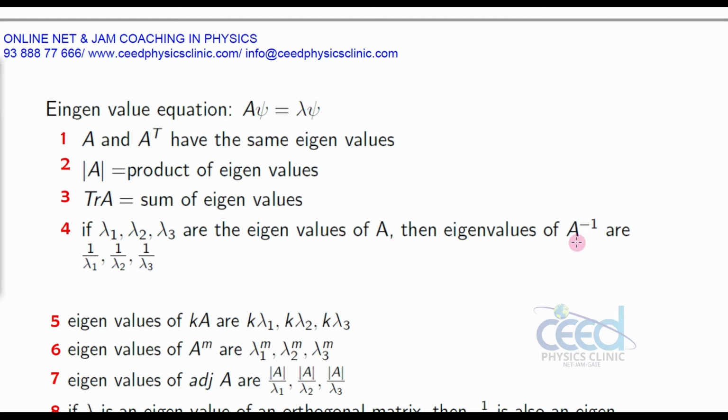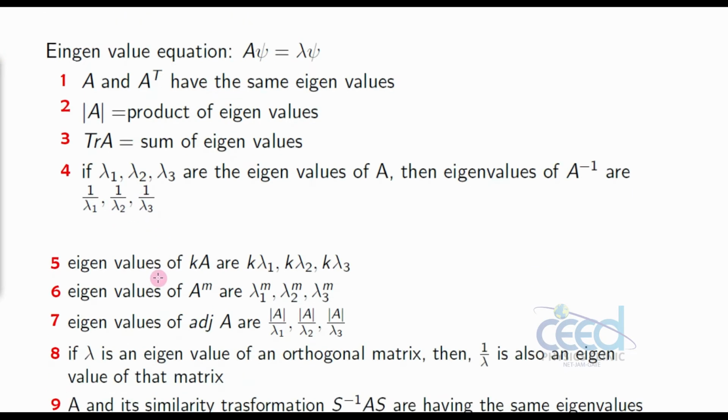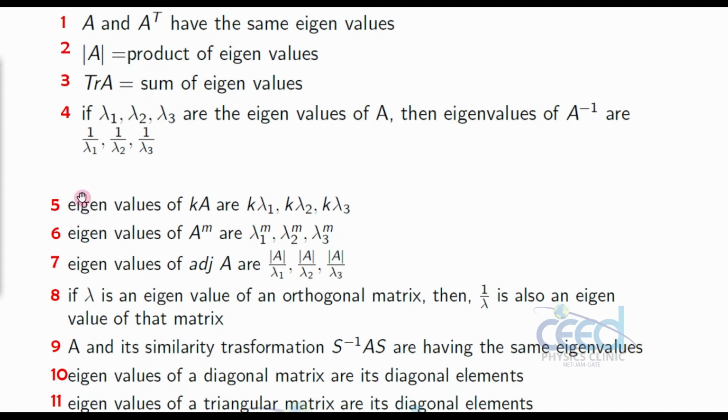Now another property: if lambda 1, lambda 2, lambda 3 are the eigenvalues of A, then the eigenvalues of A inverse are the reciprocals, 1 by lambda 1, 1 by lambda 2, 1 by lambda 3. Suppose you have a matrix A, then what are the eigenvalues of kA?